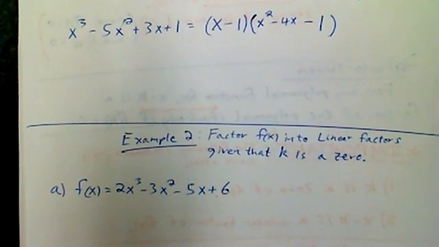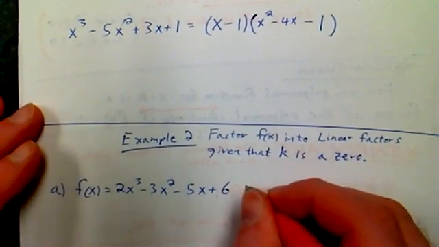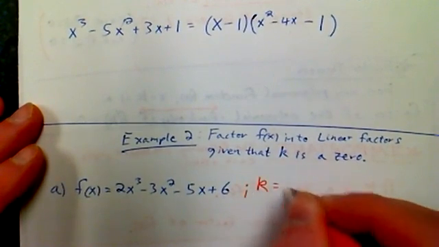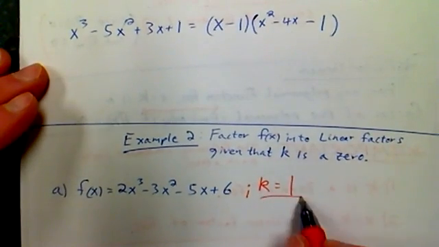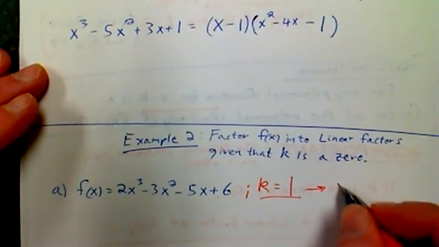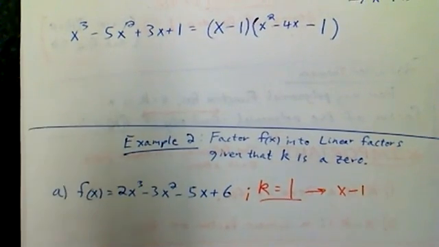Okay. So example 2 says, factor f of x into linear factors given that k is a 0. And I should probably give you a k value. Let's use k equal to 1. Okay. Now, so I know that 1 is a 0, which implies x minus 1 is a factor.